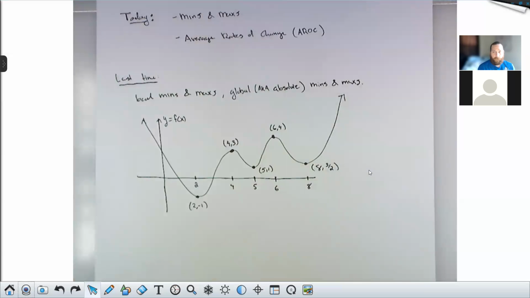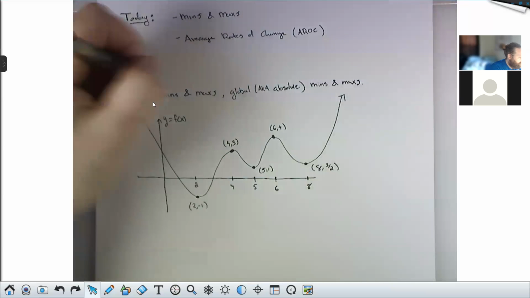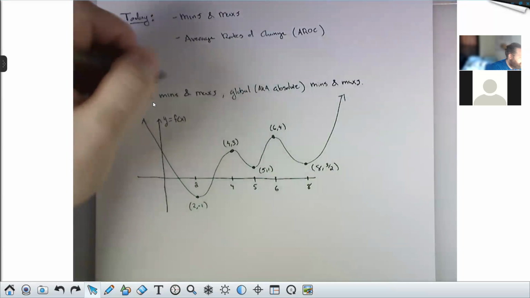So last time we talked about what a local min or local max is. Today I want to expand that discussion a little bit to what a global or absolute max is. There's another name for local, by the way, called relative, just to clue you in on all the terminology.